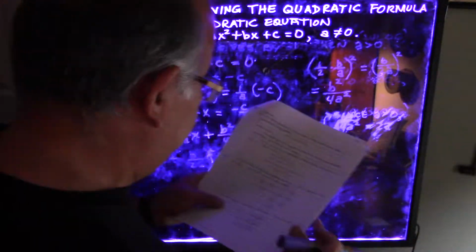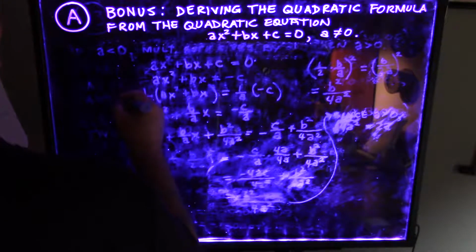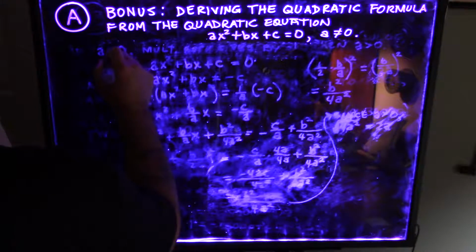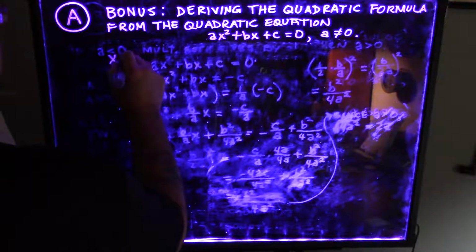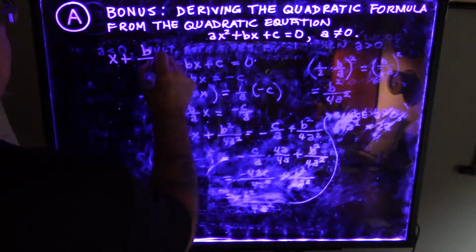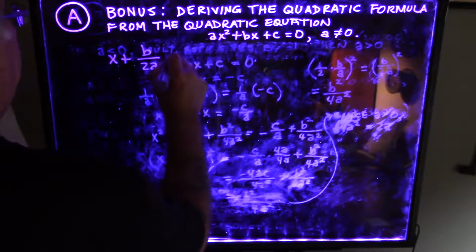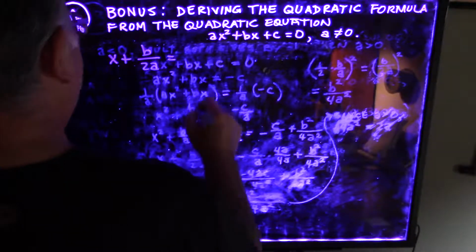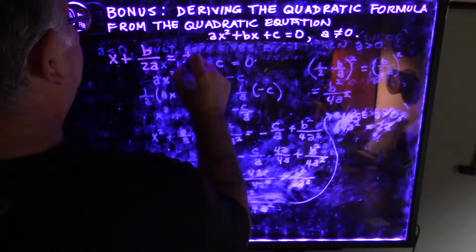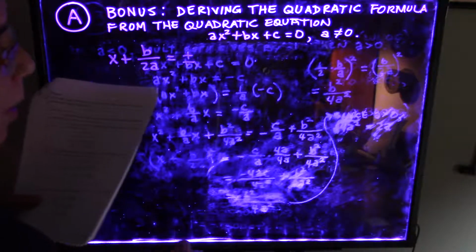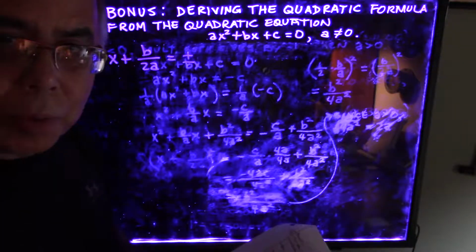Okay, so when we take the square root of both sides, we're going to get x plus b over 2a equals plus or minus. Remember, when you take the square root of something, there's a positive and a negative square root.